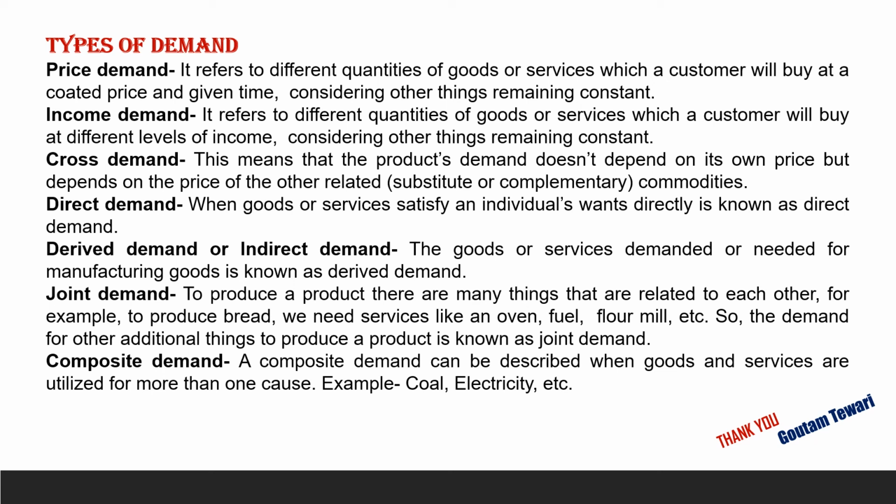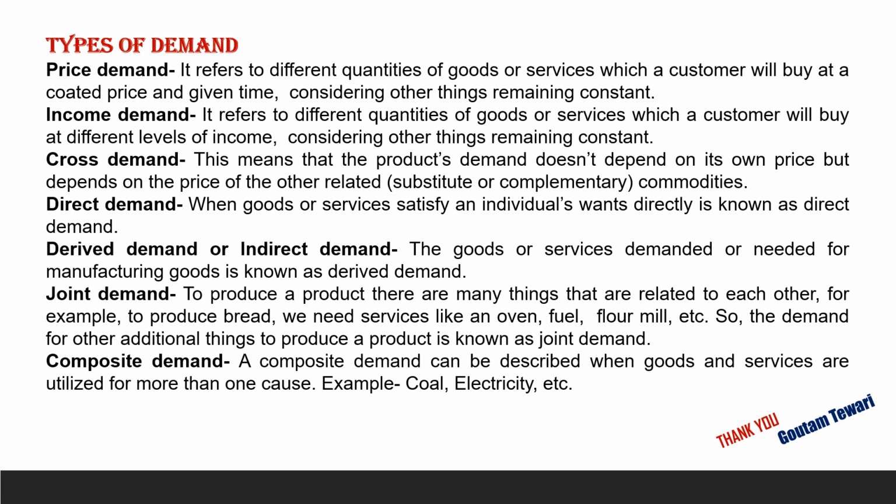You need to construct a building, you need cement, iron, you need sand. So these are derived demand. You need rubber to make tires and tubes.